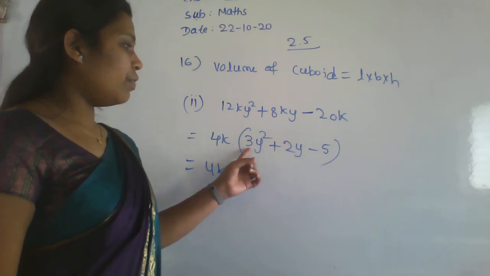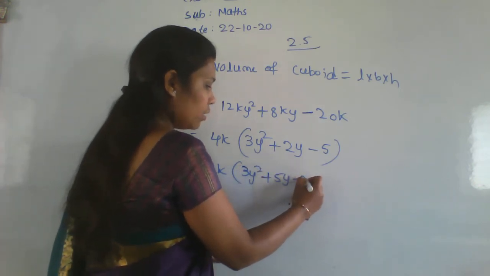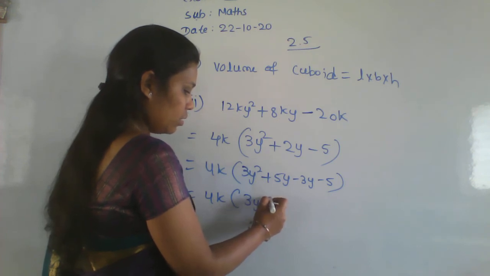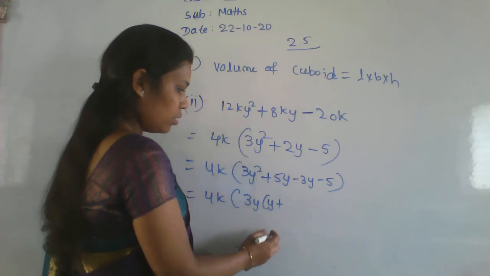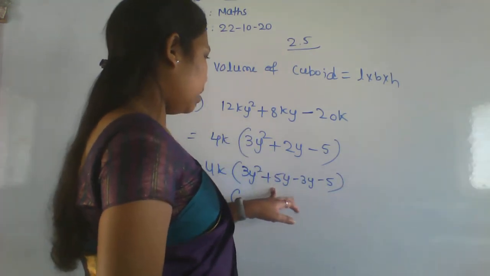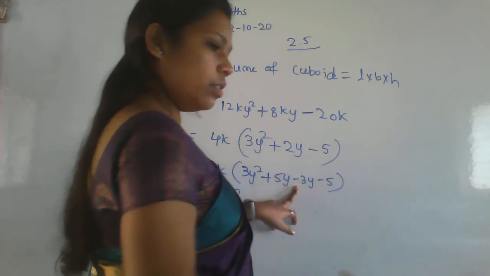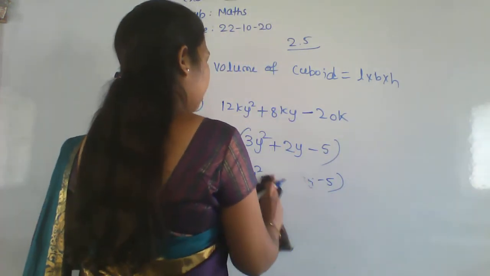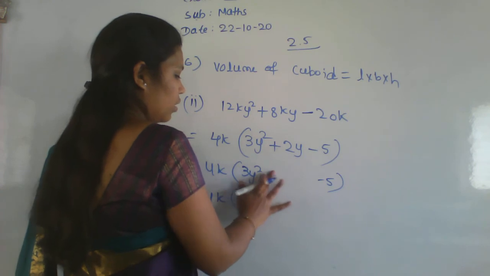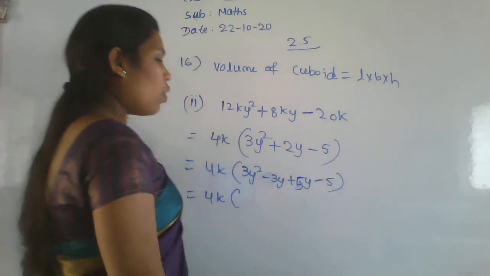So solve this quadratic. 5 threes are 15, so take 5 and 3 only. 3y square plus 2y minus 5 becomes 3y square minus 3y plus 5y minus 5, because we can take a common factor, that's why I am exchanging the numbers.